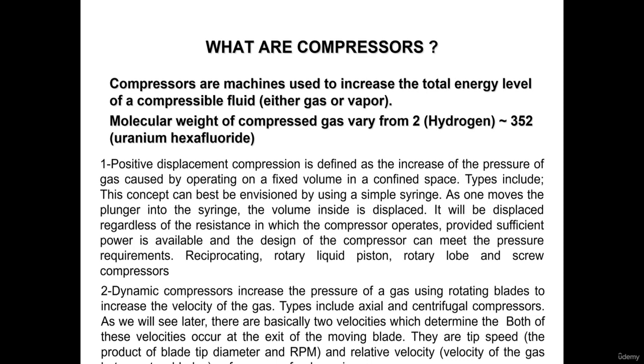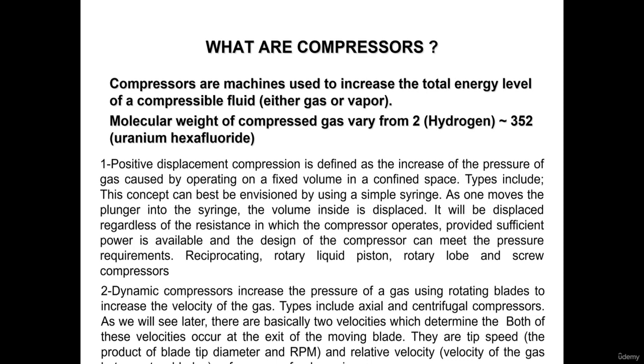The tip speed is a function of the blade tip diameter and the compressor RPM, at what RPM it operates. A centrifugal compressor usually operates above 5,000 RPM, 8,000, 11,000, so it's high speed.